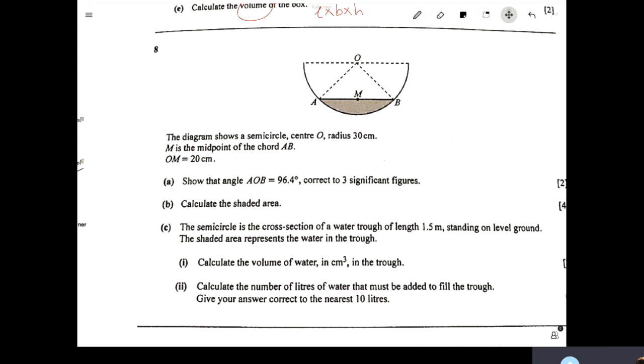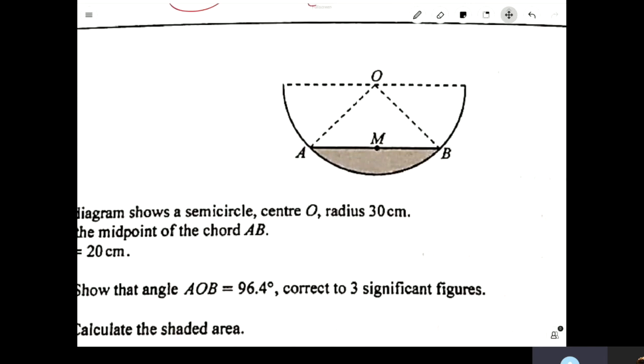Try. Okay. So the diagram shows a semicircle, radius 30 cm. So where's the radius?